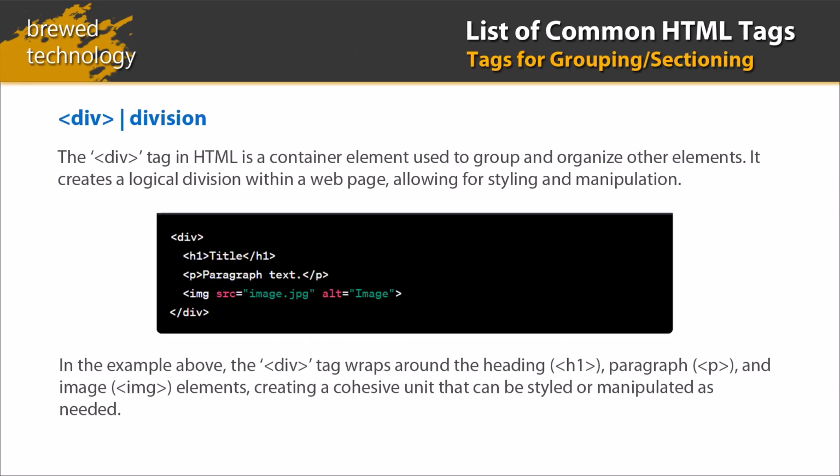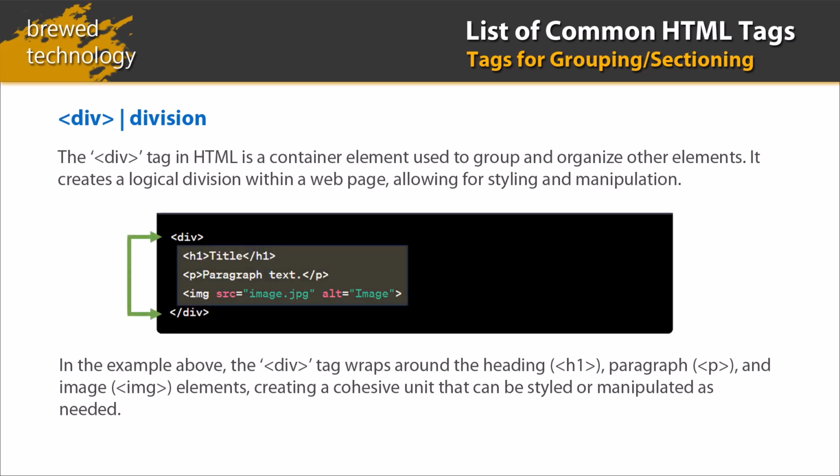The div tag in HTML is a container element used to group and organize other elements. It creates a logical division within a web page, allowing for styling and manipulation. In our example, the div tag wraps around the heading, paragraph, and image elements, creating a cohesive unit that can be styled or manipulated as needed.